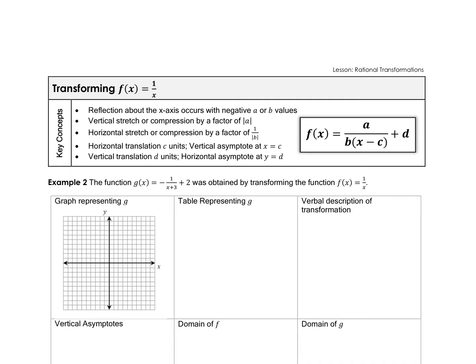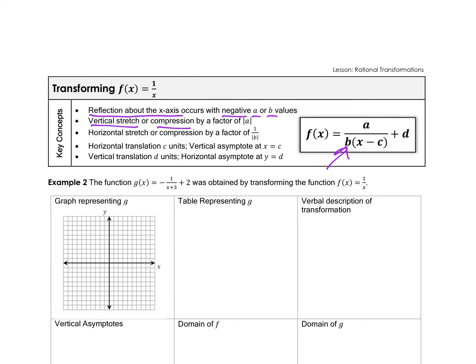Okay, transformations. The transformations that we've already discussed with all the different functions are very similar. Looking at your rational function, a reflection about the x-axis occurs with a negative a or b. The negative can be on top or on bottom, and that's a reflection over the x-axis. A vertical stretch or compression is the absolute value of a, which means just the positive version.